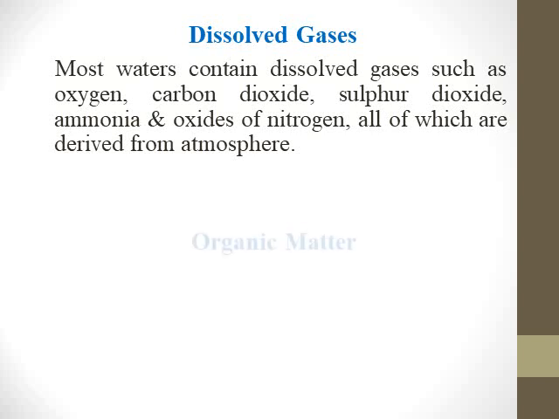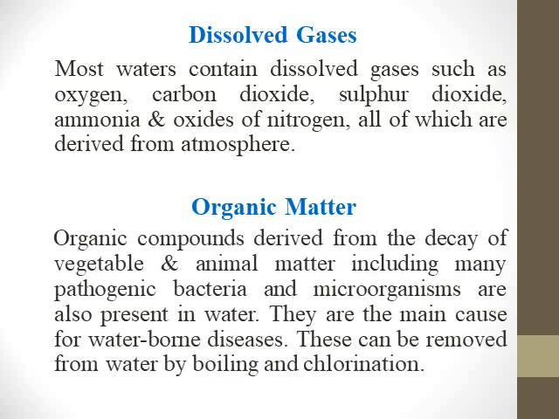impurities. The fourth impurity is purely organic matter: organic compounds derived from the decaying of vegetable and animal origin, which usually include pathogenic bacteria, microorganisms, and secondary products of vegetable and animal matter decay, in a colloidal form which continuously decays in water.